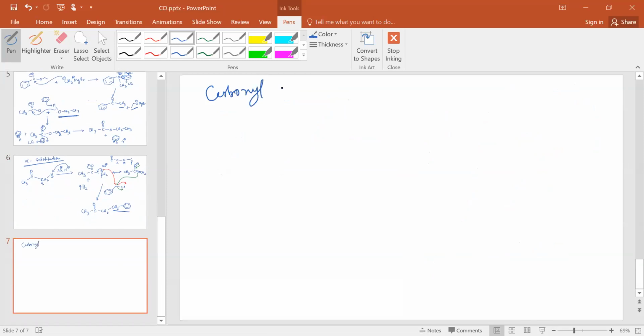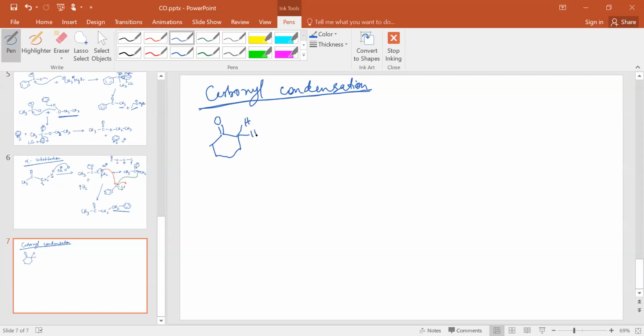Carbonyl condensation means that, let's say you have this molecule, cyclohexanone, and you take a strong base.